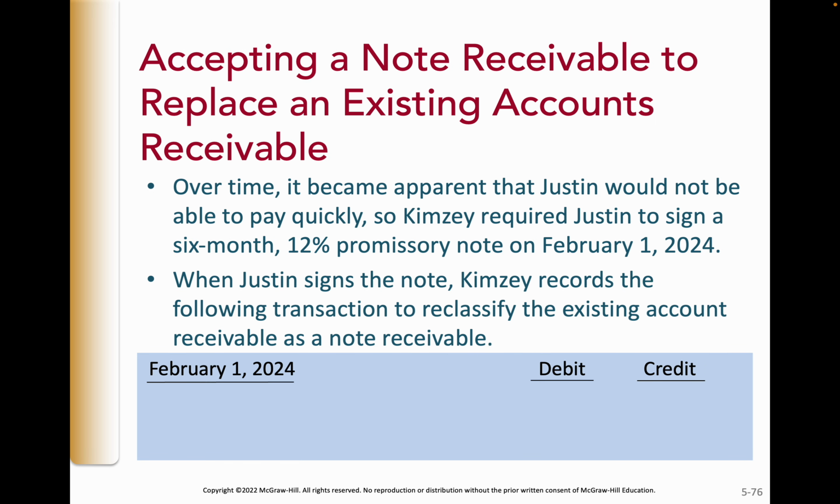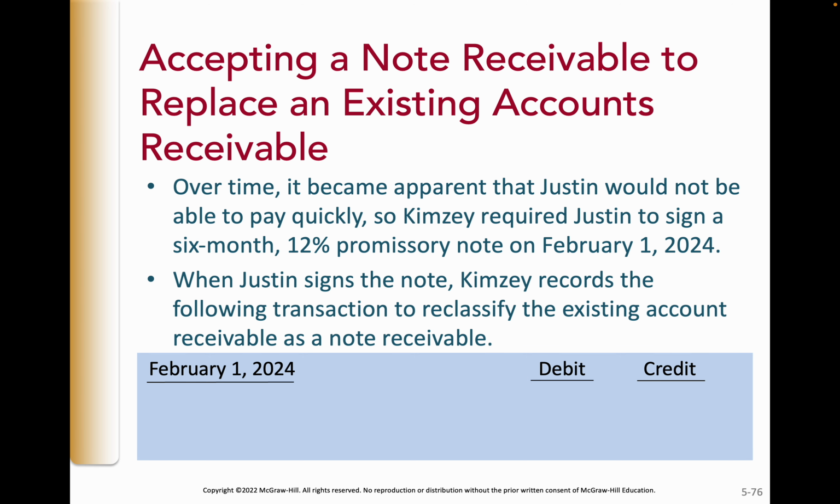This example is talking about if Justin initially had an account receivable and wanted to convert it to a note receivable. Over time, it became apparent that Justin would not be able to pay quickly. We might have even seen his name on that aging schedule. So the company reached out and asked him or required him to sign a 6-month note with a 12% interest rate.